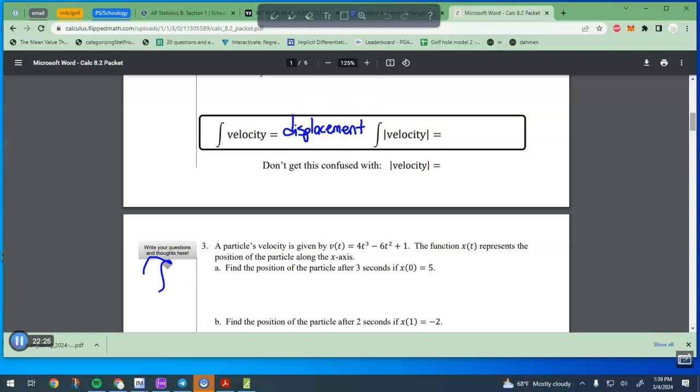And if we integrate the absolute value of velocity, we get distance. We talked about this before. Displacement's like, I walk from here to the back of the room and back. My displacement is 0. My distance would be the amount that I actually traveled. So it'd be like 20 plus 20, whatever.